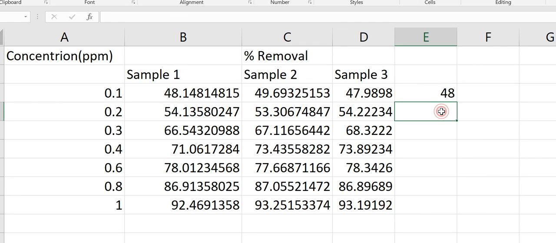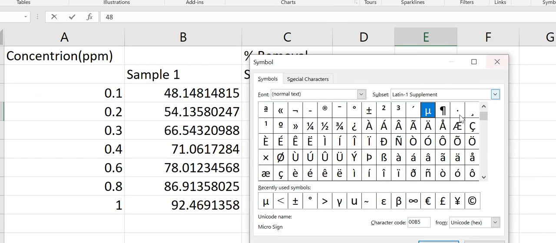To write it more precisely with the standard deviation, I will write 48, and then I will use the plus minus symbol. For this, I go to Insert and then Symbol. After clicking on Symbol, I select the symbol that I want to use. For example, I want to use this plus minus, so I select it, then Insert and then Close.